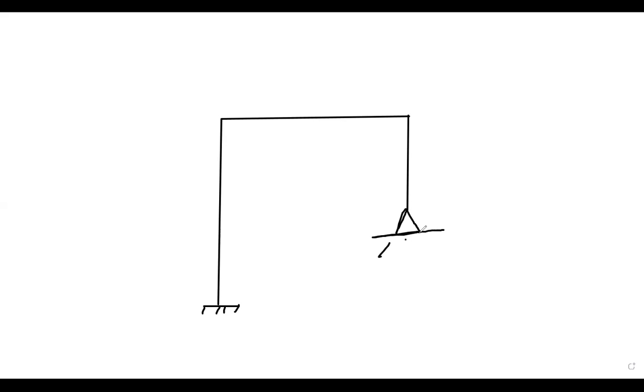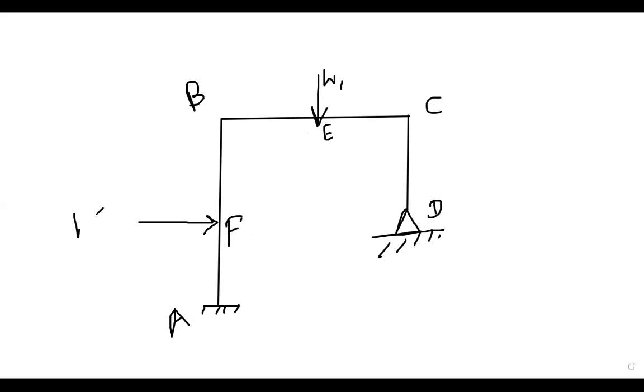So here is a question to all of you. Suppose this is the case: this end is fixed, this is your hinge, and loads are applied here and here. These are A, B, C, D, and E and F. This is your W1, this is your W2.